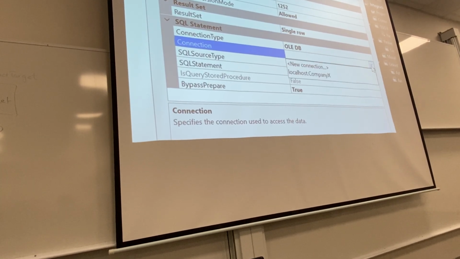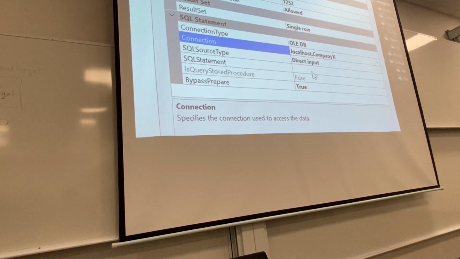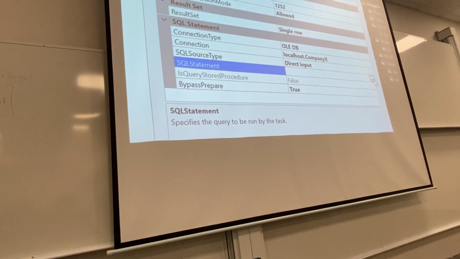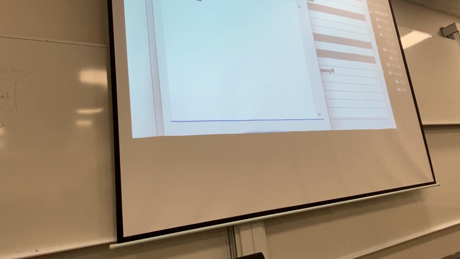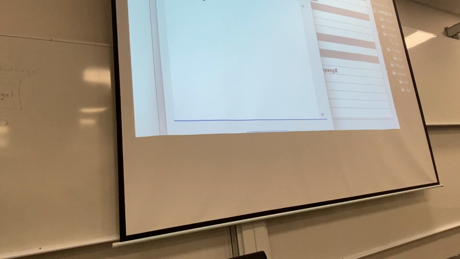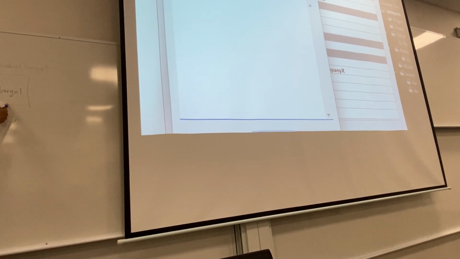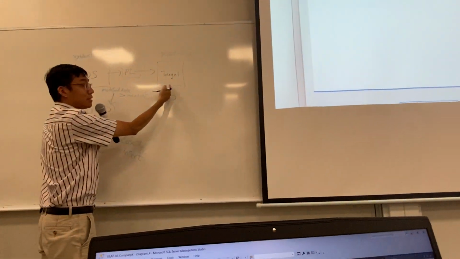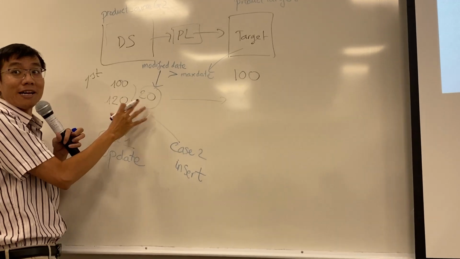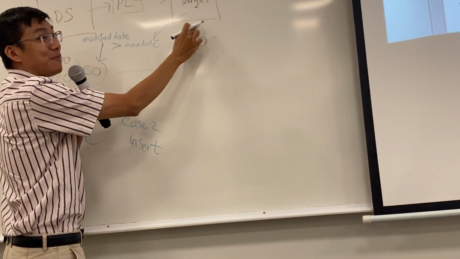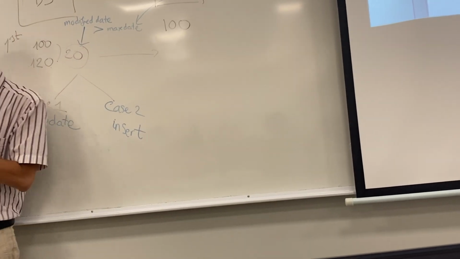So to the topic. So now I choose company X, and then I write a SQL statement. So in this SQL statement, we want to get the maximum date from the topic. Then that means those new rows or change row whose modified days greater than the maximum date in the topic, then we process them. That's the idea.